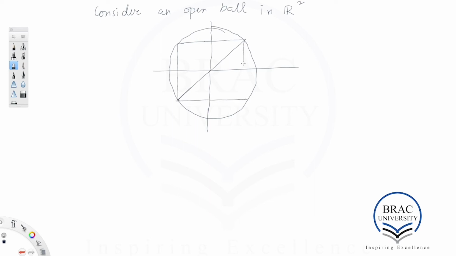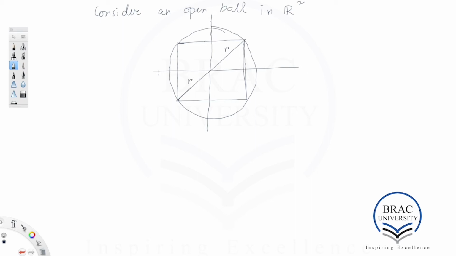This diagram is not going to be an exact one, but it should make sense. The length of this diameter is 2r, so that half of this diameter is r.